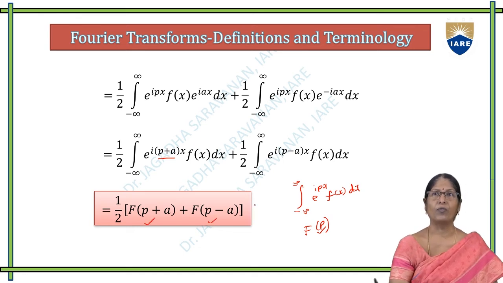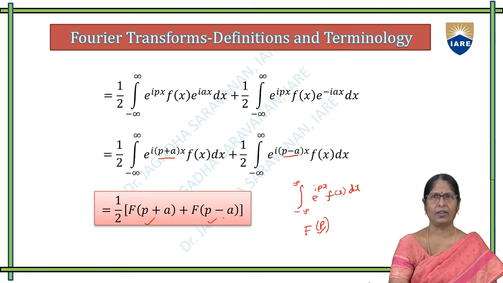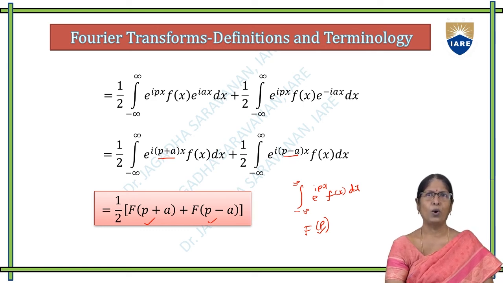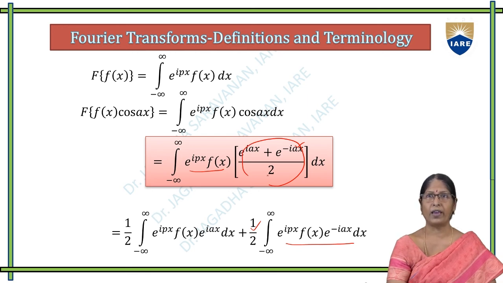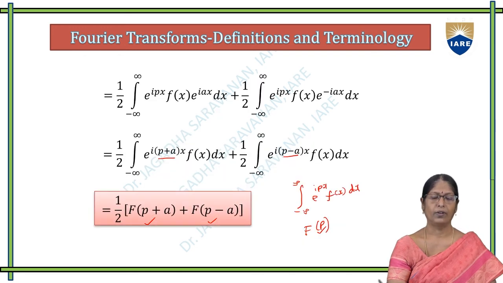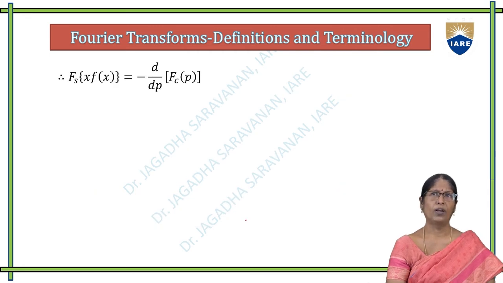Here also, in the place of p, p minus a is there, so F of p minus a. In a very simple way, with our main Fourier transform formula, and using cos ax, we obtained this result.